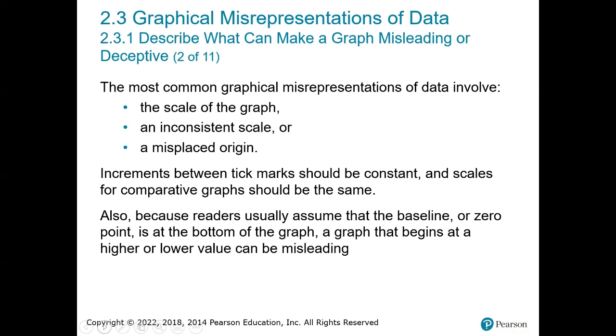So what should happen instead is the increments between tick marks should be constant, and the scales for any comparative graph should be the same. So all the scales, if we're counting by 200, should count by 200. Every tick mark should increase by 200, and we should always see our origin or our starting point of 0. If we don't see that start point or that baseline of 0, it skews the results.